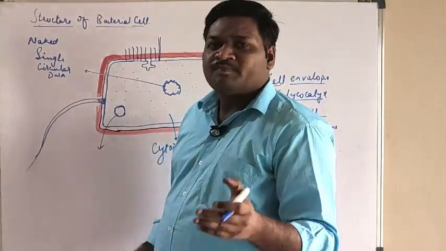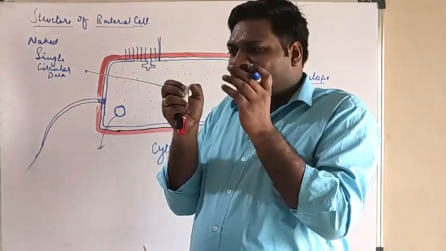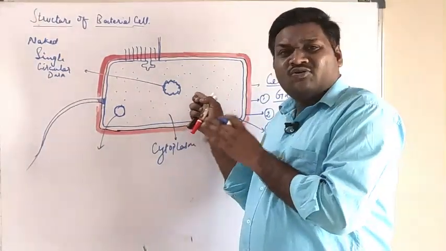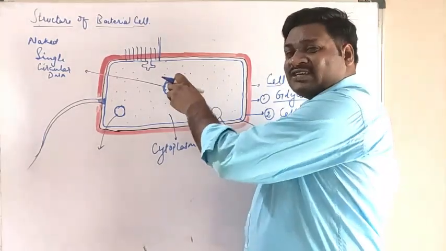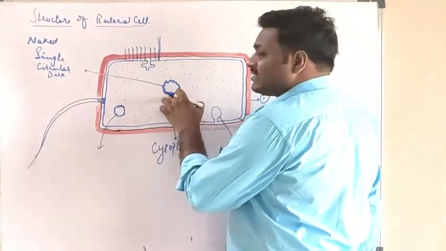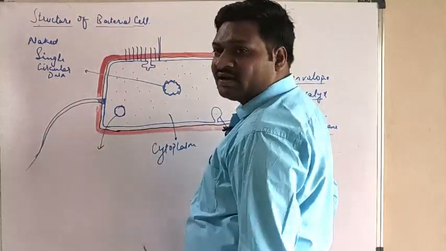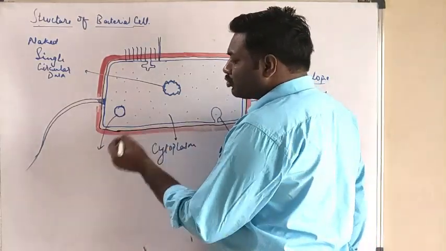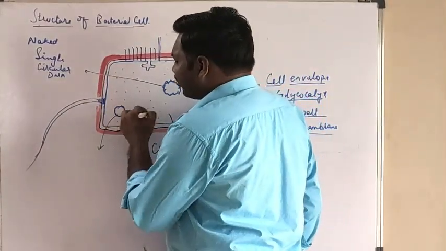Histones are the proteins which hold the DNA in a complex or compressed manner. So here there are no histone proteins, but the structure is still compressed. This is called the nucleoid or the naked single circular DNA. Apart from this, within the cell cytoplasm, we can also see the presence of an extra chromosomal set of DNA.